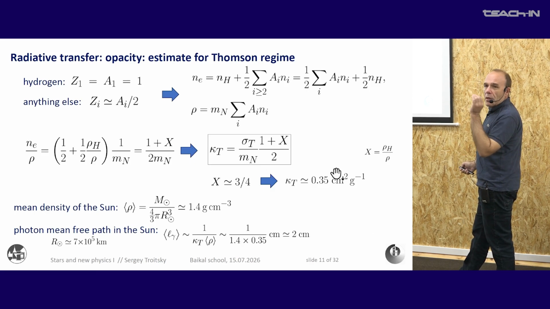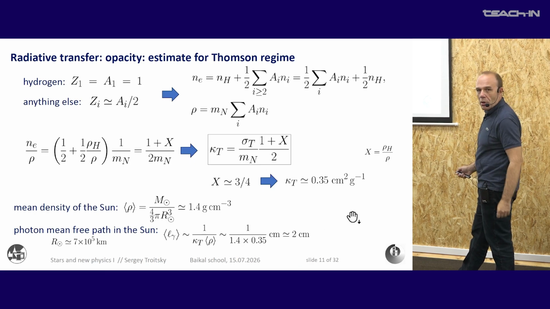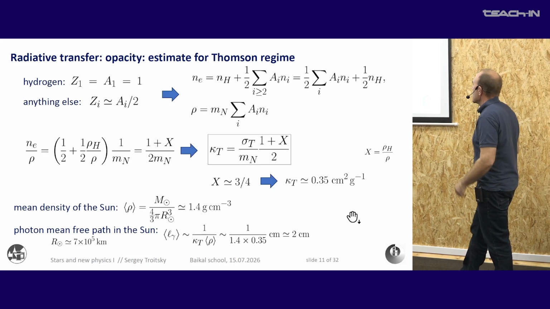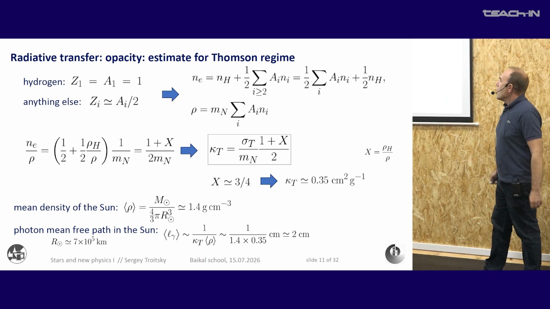Only if I take into account the Thomson cross-section, which I told you is not the main contributor to opacity. But already with it, the mean free path is of order 2 centimeters. In practice, it is shorter because of other possible processes of absorption.